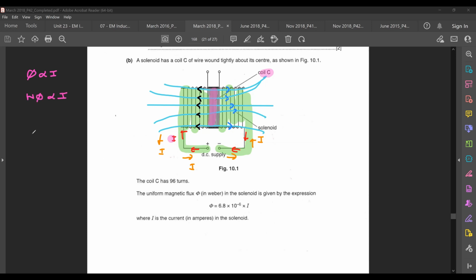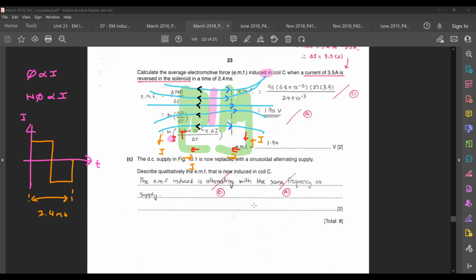If you look at the graph of current versus time, you probably have something like this. The current magnitude was given, 3.5 amps, and this will go on to negative 3.5 amps.